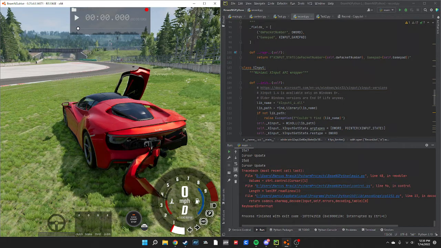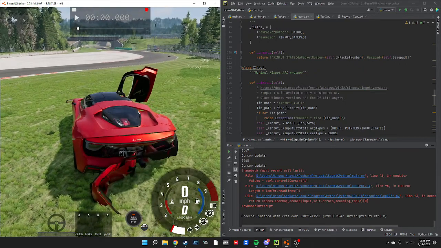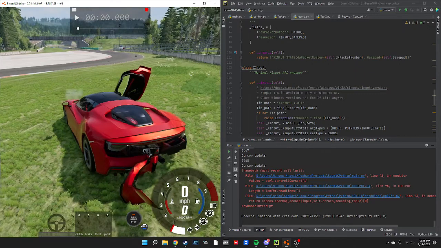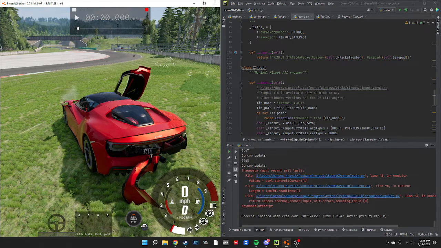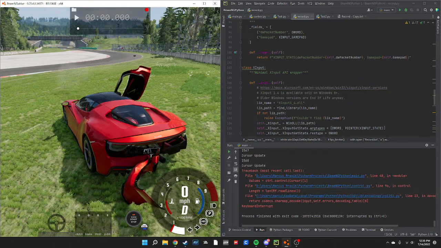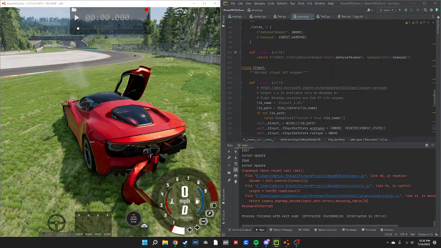Plus, both programs have different frame rates that fluctuate and are not consistent. When you record something, you're recording it at a certain frame rate, judging based off what you're seeing, but this program isn't taking BeamNG's frame rate into account.